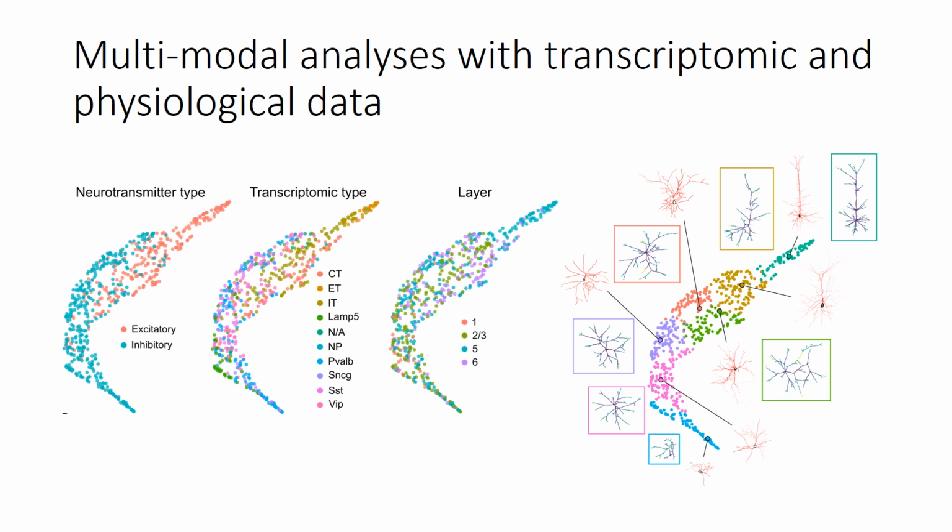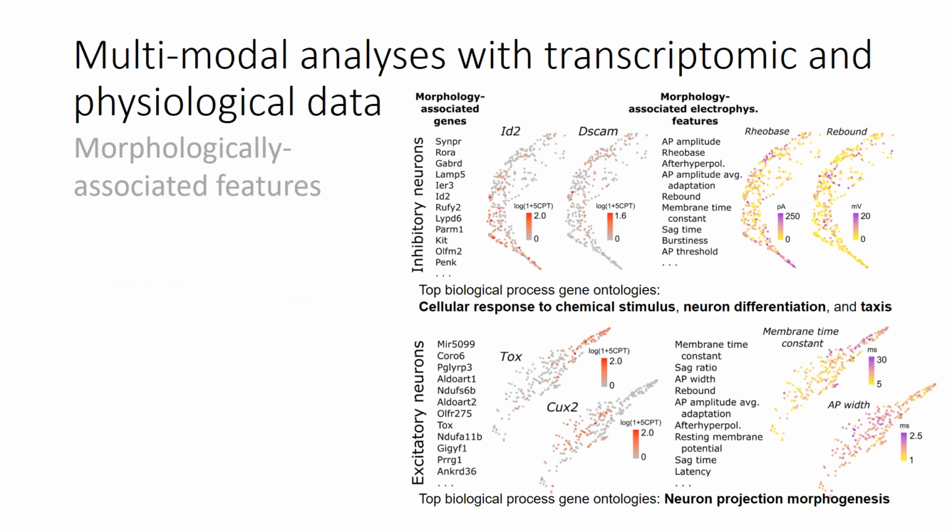We used the Laplacian score for feature selection to identify gene expression and electrophysiological programs associated with the morphological differences between neurons. Top gene ontologies associated with morphological differences in inhibitory neurons included cellular response to chemical stimulus, neuron differentiation, and taxis. The top gene ontologies for excitatory neurons included neuron projection morphogenesis.